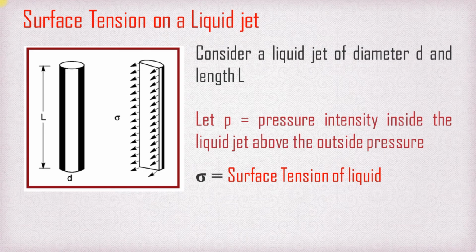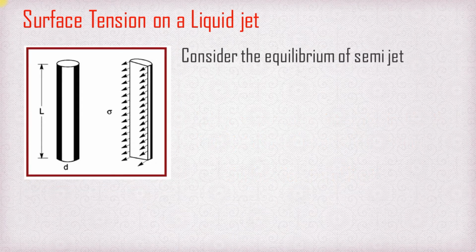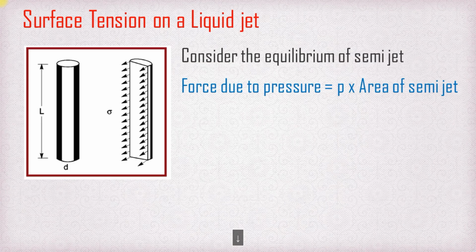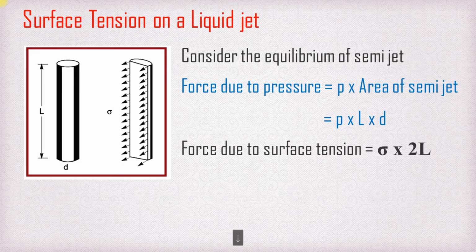We know that pressure equals force upon area, so the force due to pressure equals pressure into area of the semi-jet. The area of the semi-jet is L into D, so the force due to pressure equals P into L into D. The second force is due to surface tension.